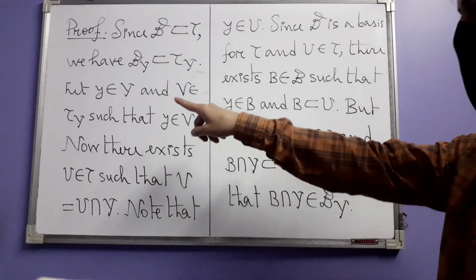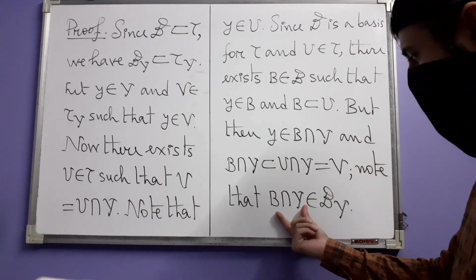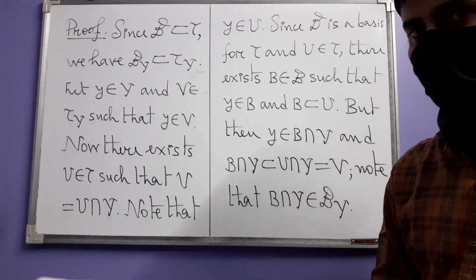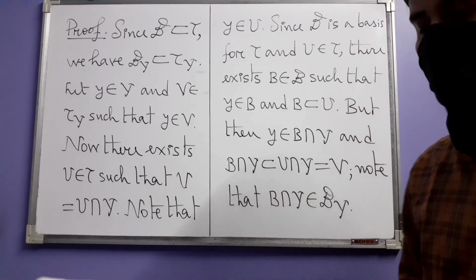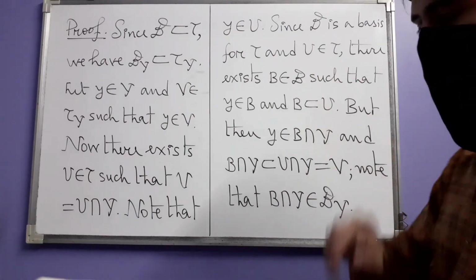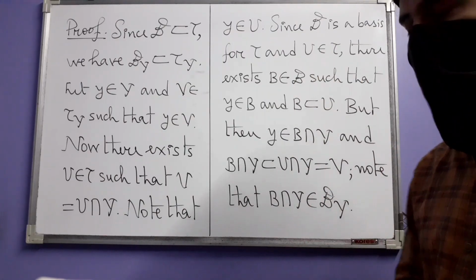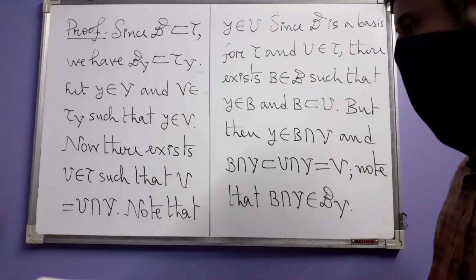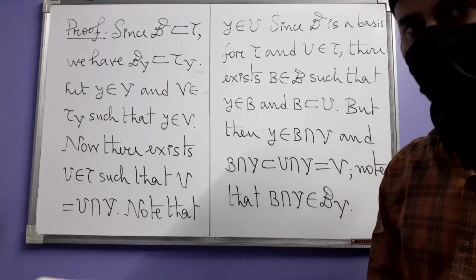It contains that point y and is itself contained in V, and it is actually a set in By. Why? Because of the form that it has, and because of the fact that B itself is coming from B. So by the definition of By, this is what you have, and that is why this collection By is a basis for the subspace topology, and the proof ends here.